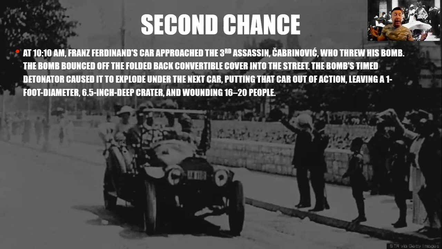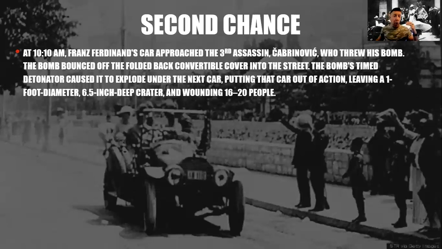This causes a hole to be created, and anywhere from 16 to 20 different people, including police officers and civilians, are injured. The car obviously is kind of in shrapnel, but the Archduke and his wife are not harmed.